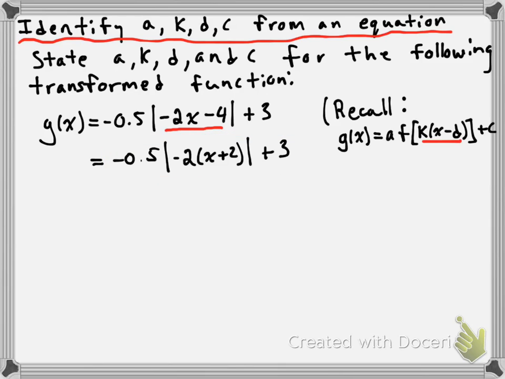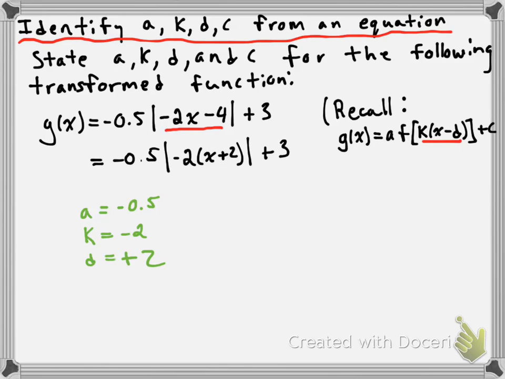So from here it's actually pretty easy, right? Our a value is going to be -0.5. Our k value is going to be -2. Our d value is going to be +2. Pardon me, that should be +2. Let me just erase what we got there. So it should be +2.